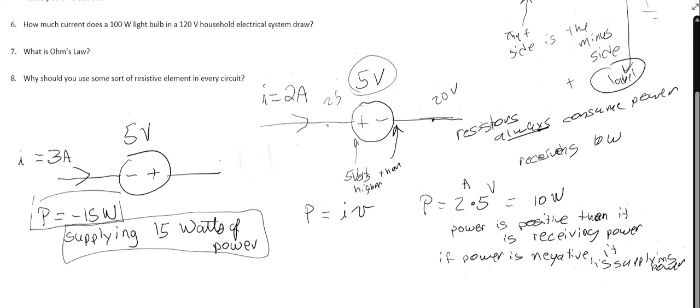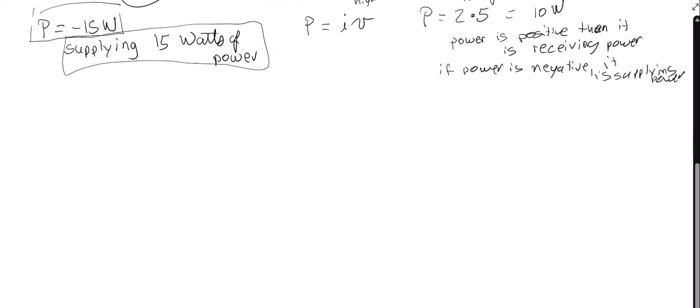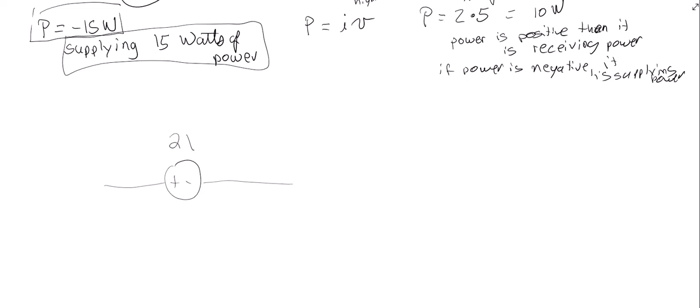Okay, but I want to look at something else. Let's say that I've got this diagram, and I want to know the power received or supplied by my voltage source right here.